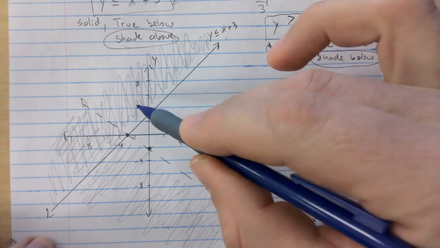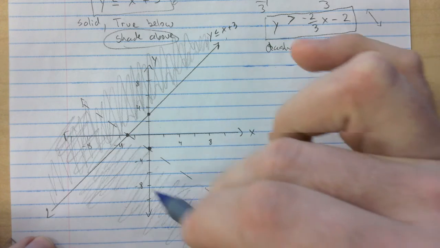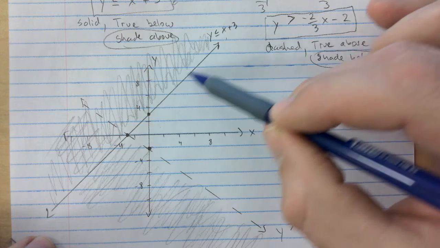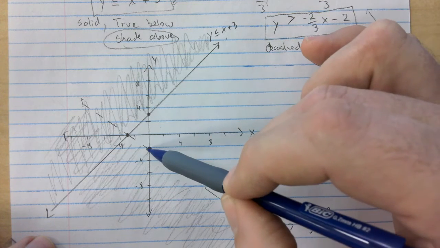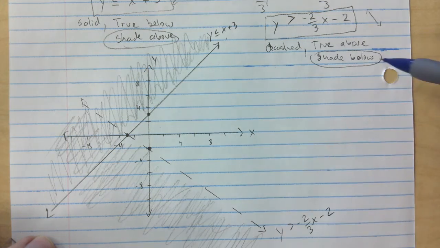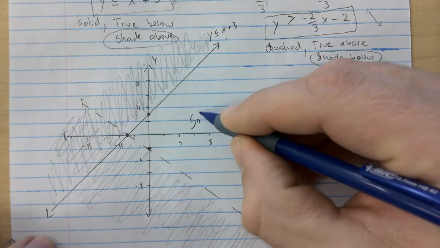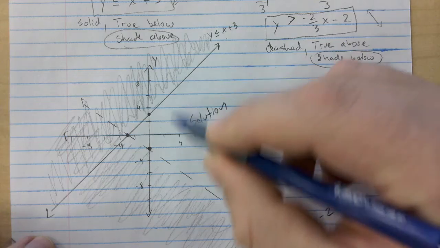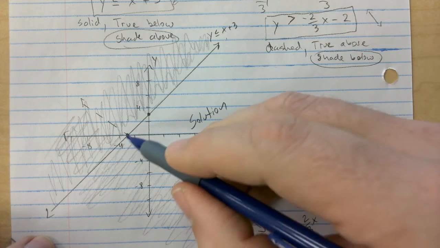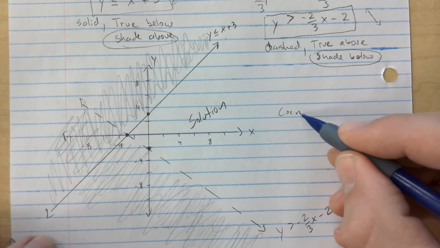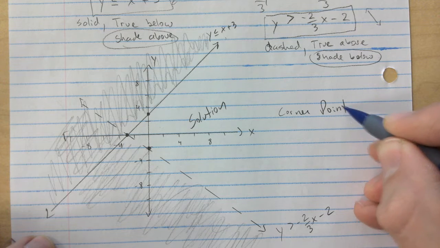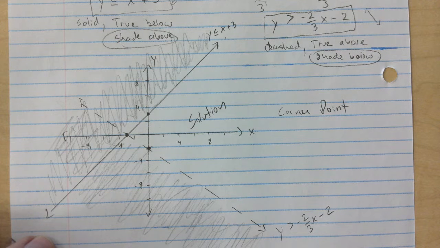Okay, so this is all false, right? Notice that it's false for this, everything above. It's false, everything below. We did that all up here. And so this is the solution region, all of this. And this is my corner point. Do you need to use your calculator for the corner point?